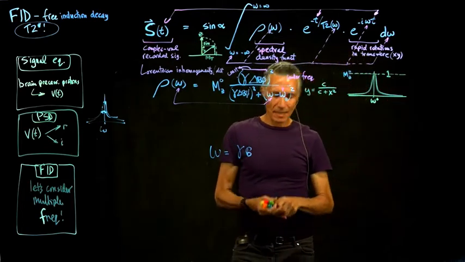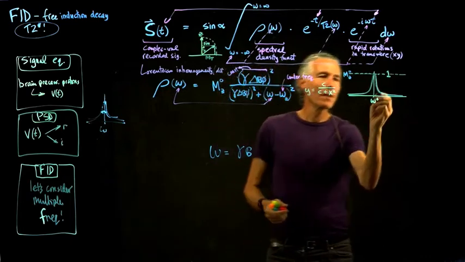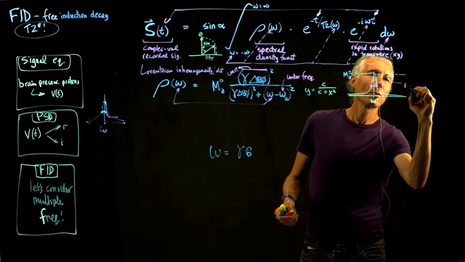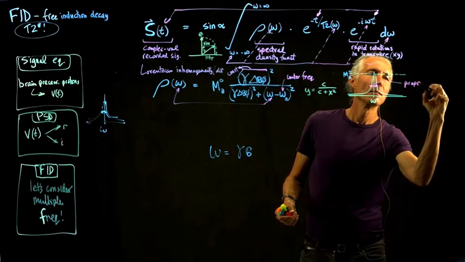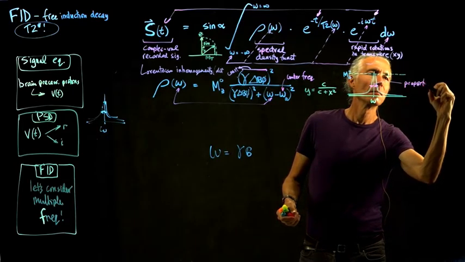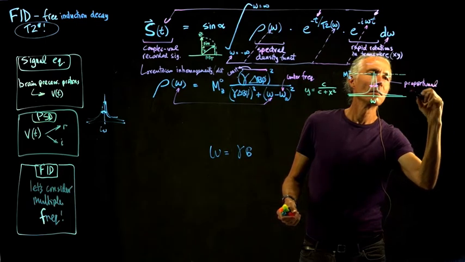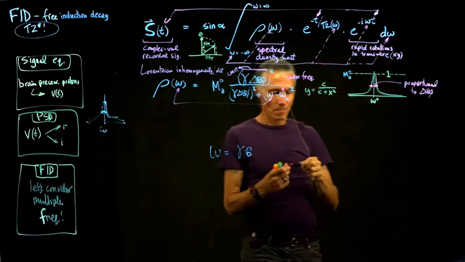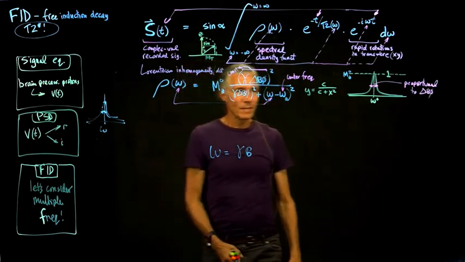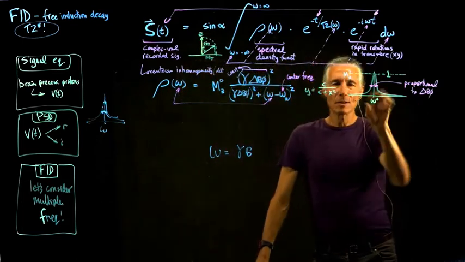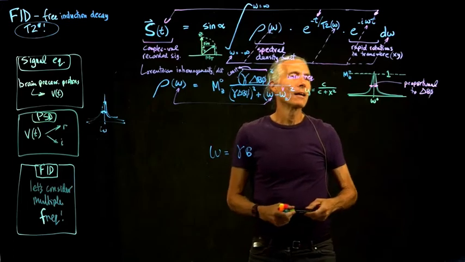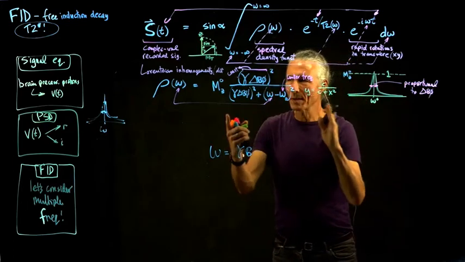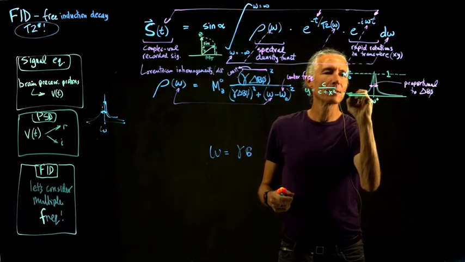Now, the width here is proportional to delta B0. So if we change delta B0, it'll change the width. How would it change the width? If we make delta B0 bigger, a bigger band of frequencies, we'll get something that looks like this.